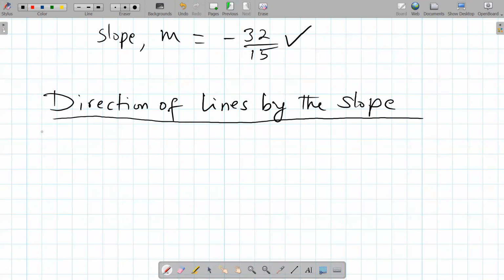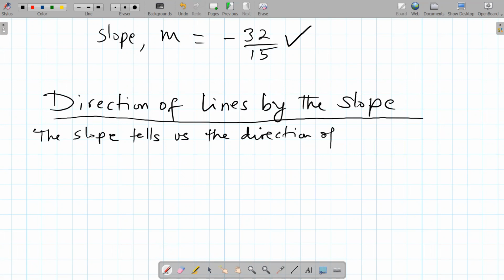So the slope tells us the direction of a given line from left to right.